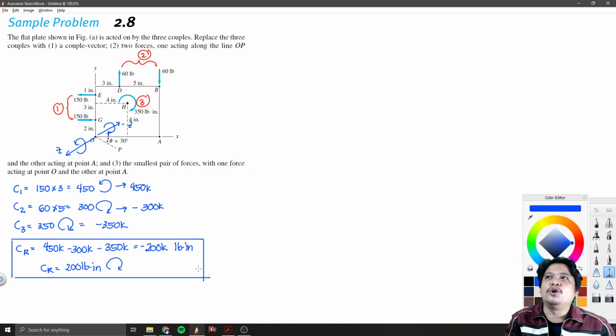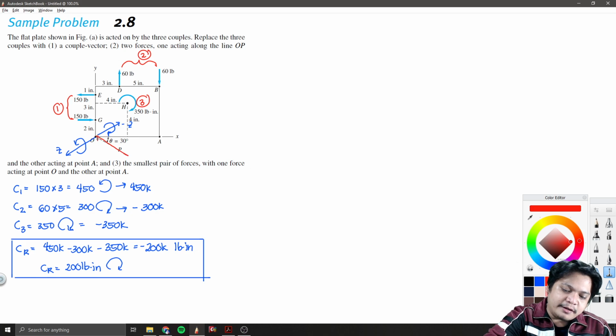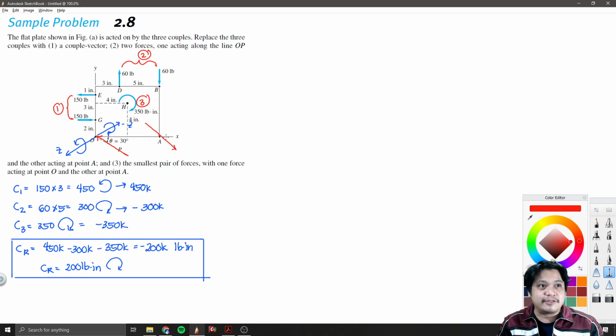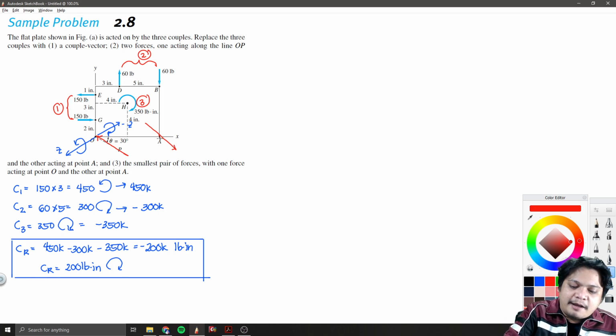So, number 2, two forces acting along the line OP. So, ito yung isang line OP ko. Okay? Kailangan makapag-create ako dito ng clockwise manner. So, I will be having here this one. And then, yung isa daw, dapat, syempre, para makapag-create ka, parallel dun sa isa. Hindi natin alam kung ano yun, yung perpendicular distance na yun.